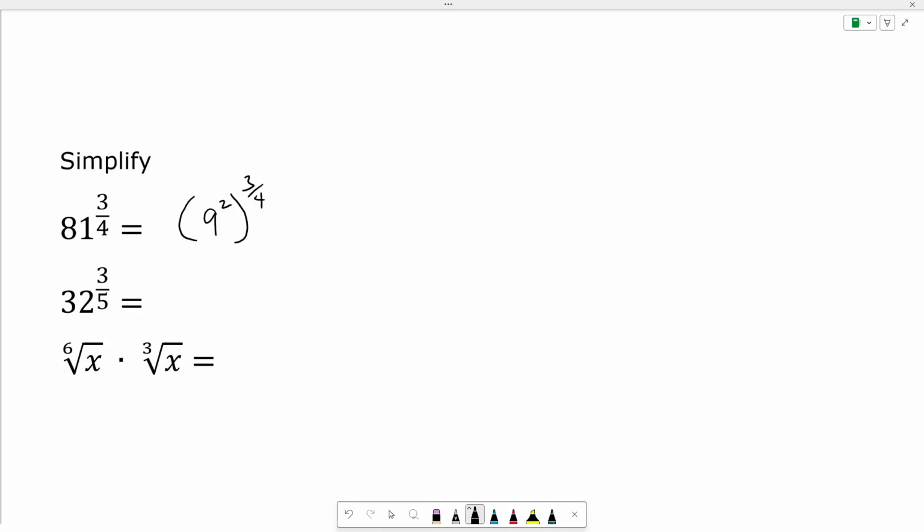Because 9 to the second power. So remember our rules for exponents? Our rules for exponents tell me that, hey, if I have a power on the outside like this, I have to multiply these together.